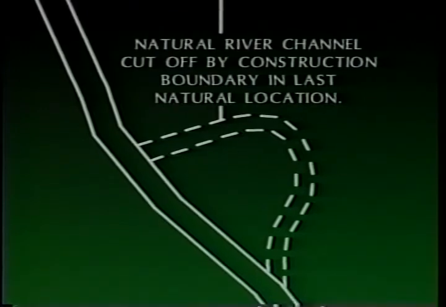In the event of a cut-off elbow in the river, very common in rivers in California, if the elbow is cut off by an evulsive change, the boundary line remains frozen in its last natural location. The state's sovereign interest is in its last natural location.